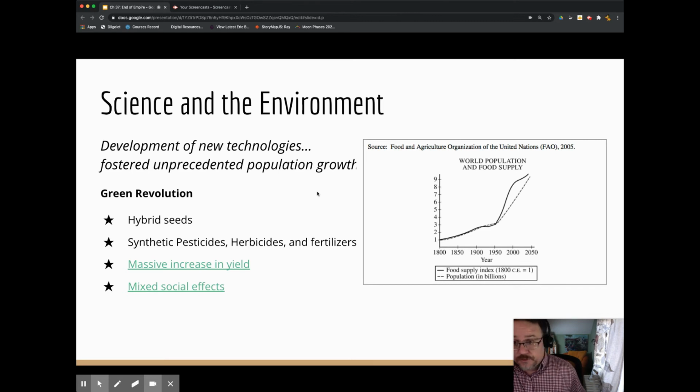Now, this had the result of much more food production, especially of basic staple crops, main food crops that fill people up, like wheat and rice and corn. And so that's going to allow growth in population. But there are also large social effects, because they're going to contribute to the process of outmigration from rural areas, because more capital investment is being used to increase production, and that means less labor.